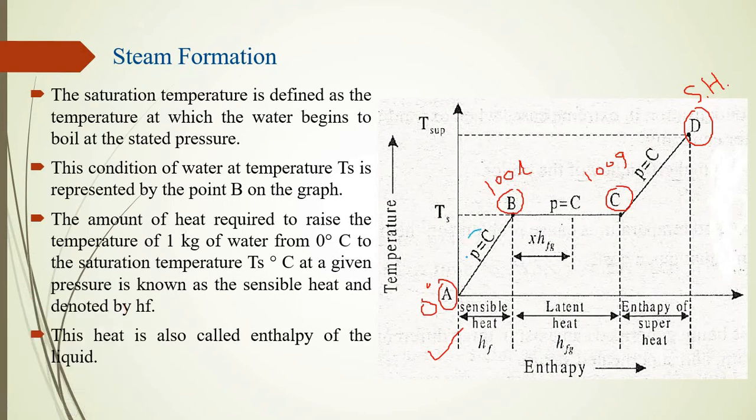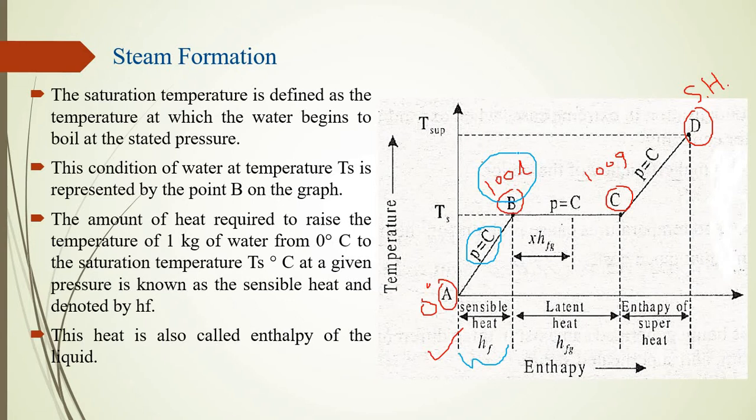Constant pressure is maintained at this time because there is no change in the liquid form. It continues in the form of liquid. This is called hf, enthalpy of fluid. Then it completes at 100 degrees centigrade, which is called the saturated temperature.